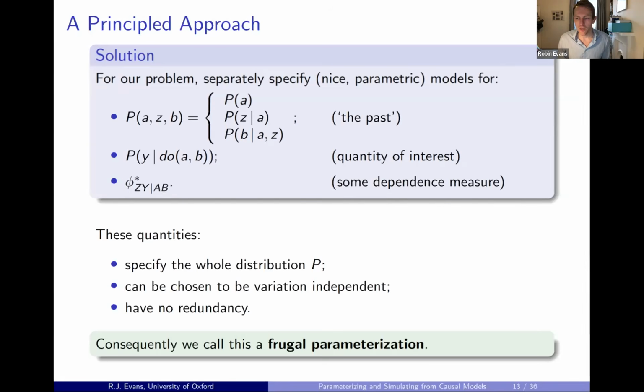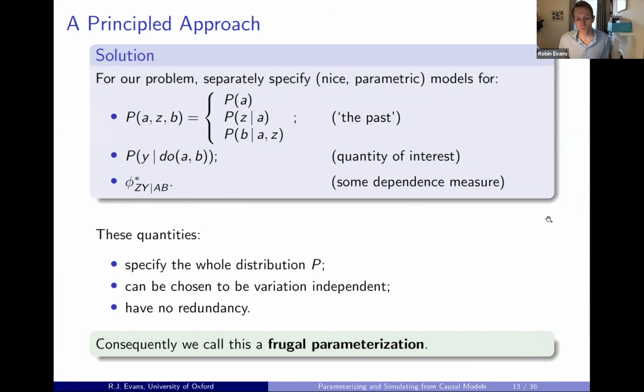For example, a copula and a conditional odds ratio are both always variation independent of their margins. That obviously has big advantages. For example, if you want to do Bayesian inference, you can just specify independent priors and not worry about whether that's coherent. And they also don't have any redundancy. I'm not trying to specify anything in 2 different ways when I use this decomposition of the distribution.